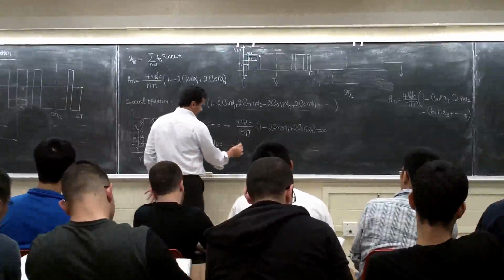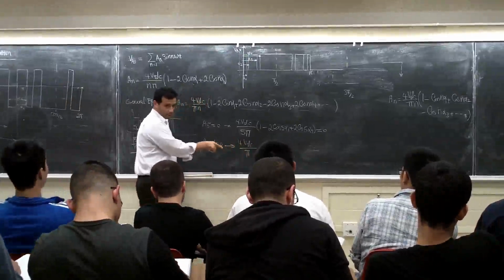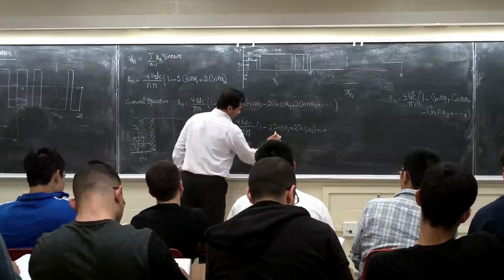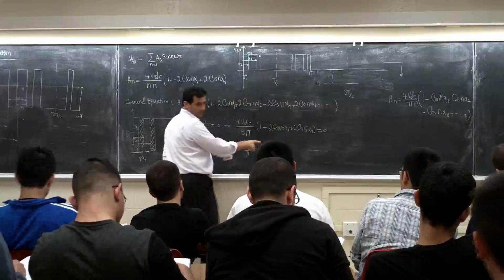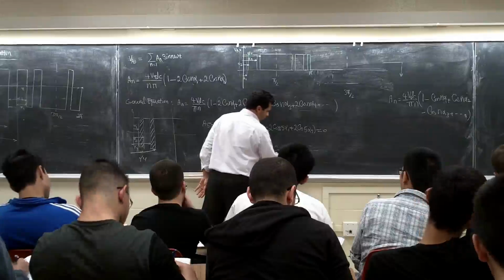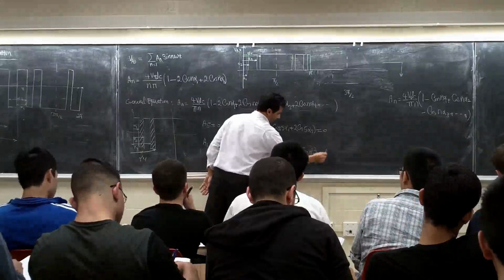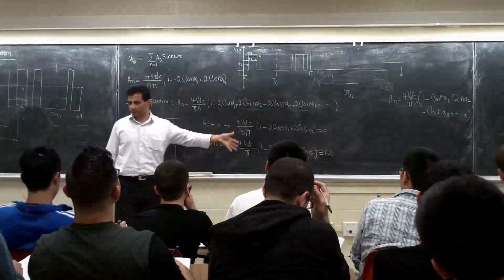Say 4 VDC over pi, because it's a fundamental, times 1 minus 2 cosine of alpha 1. N is 1, because it's a fundamental. Plus 2 cosine of alpha 2 should be 100. VDC is given, for example, 100 volt, 200 volt, whatever it is.